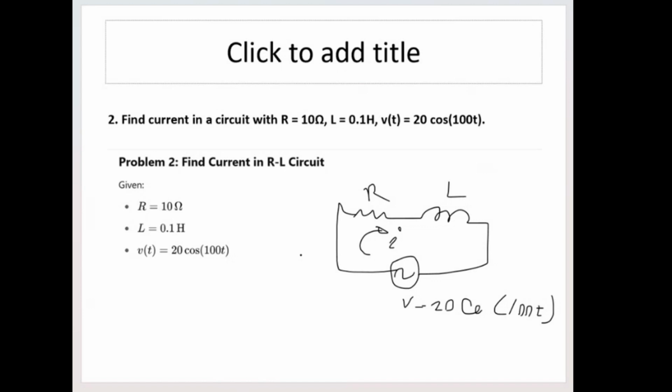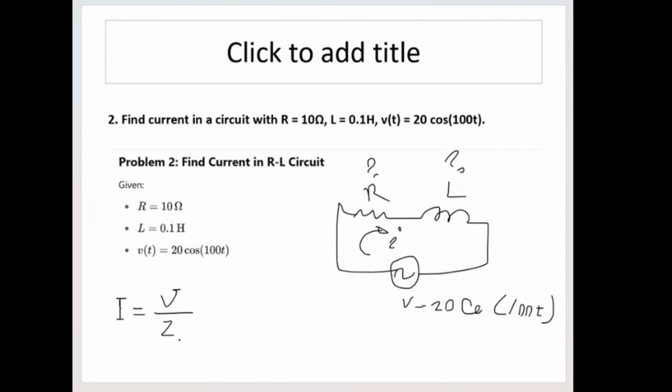The way I solve it, I'm going to use the concept of phasor, and find out the value of the impedance for R and L. Once I convert that, I'll find the phasor for I as the phasor for the voltage divided by the total impedance.